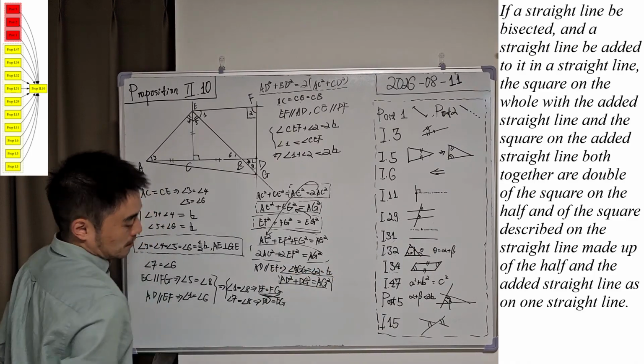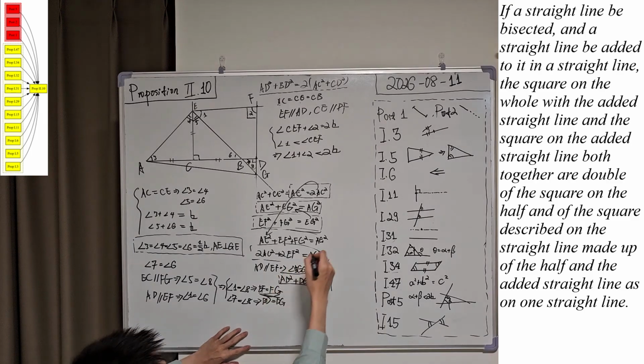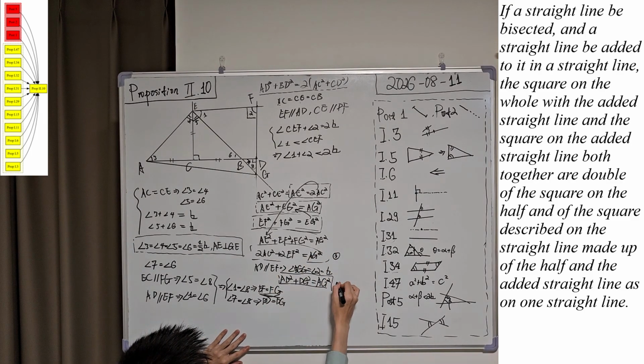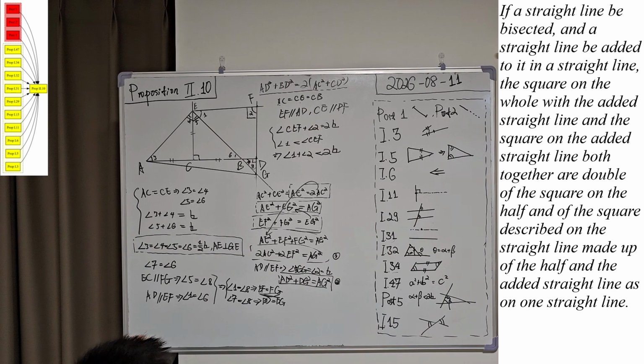And if we combine equality 1 and equality 2 together and apply common notion 1, we can see that the right sides are the same thing, so the left sides must be equal.